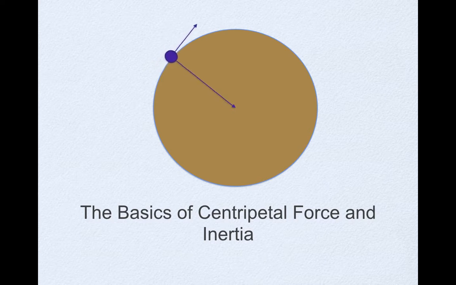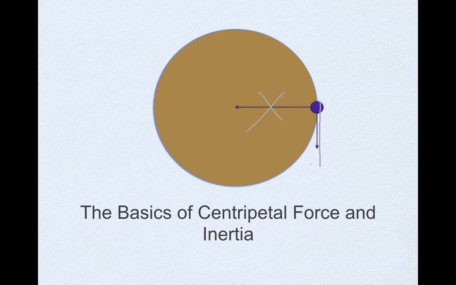As we can see, as the object continues on its circular path, those 2 arrows don't change. Centripetal force always points towards the center. That inertia line always points in the direction the object was traveling. So if we imagine for a minute that this centripetal force breaks, the object is going to keep moving in the direction and at the speed it was currently.